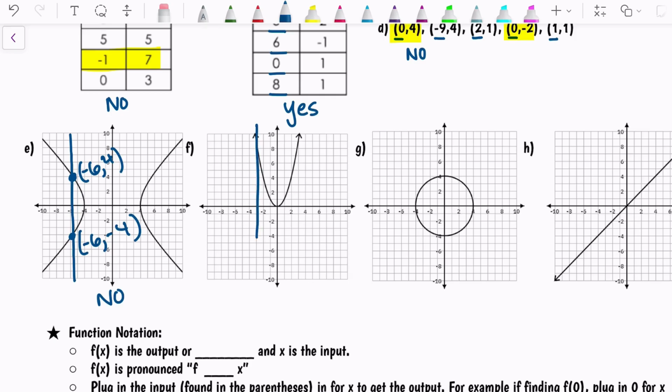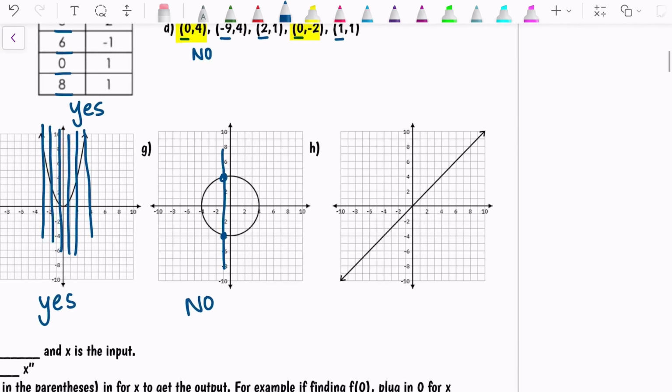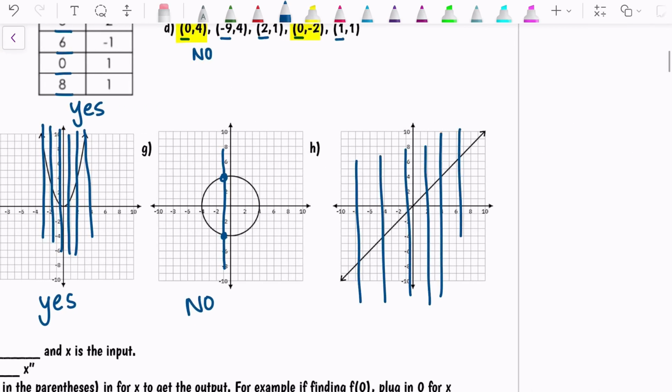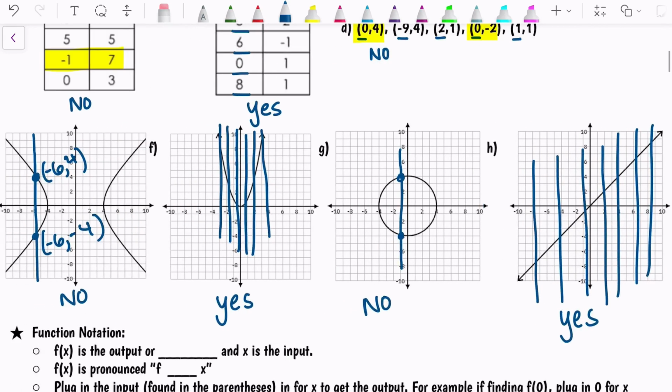This parabola is never going to have that occur. There's no vertical line that would cross it more than once, so it is a function. My circle right here crosses twice, not a function, and this line, you can never draw a vertical line through this graph and it crosses more than once, so it is a function.